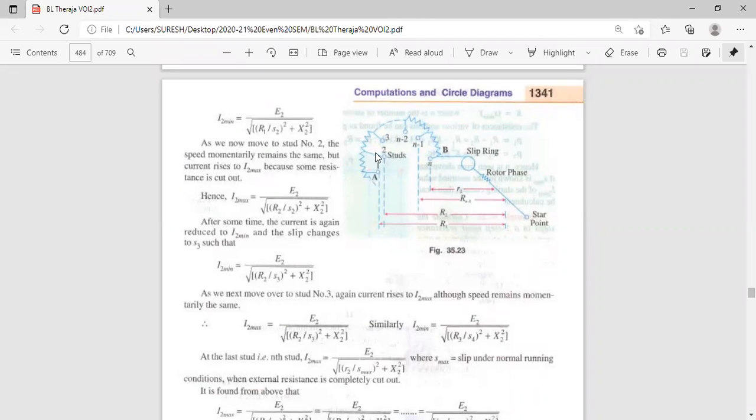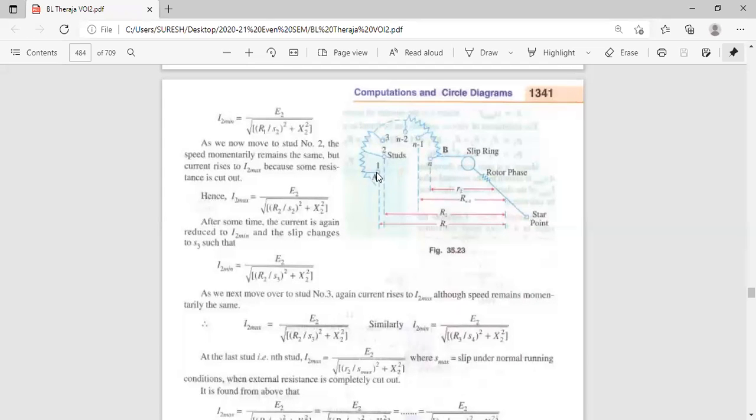What is the entering point for the current? 2 is the starting point. 3 is the leaving point. But when the switch is in position 1, the current is entering at 1. What is the leaving point? 2. The leaving point becomes the entering point when the contactor is moved from 1 to 2.